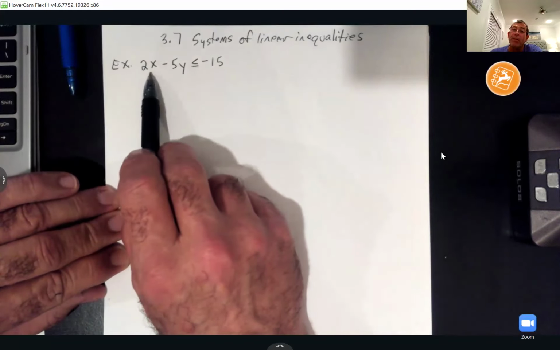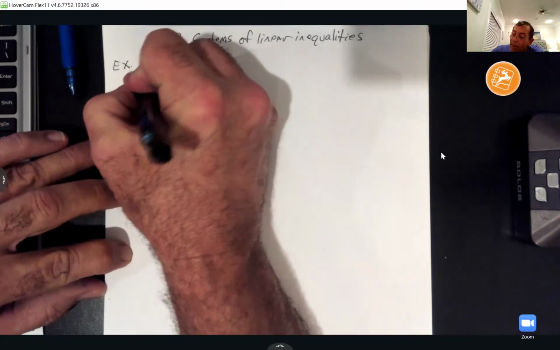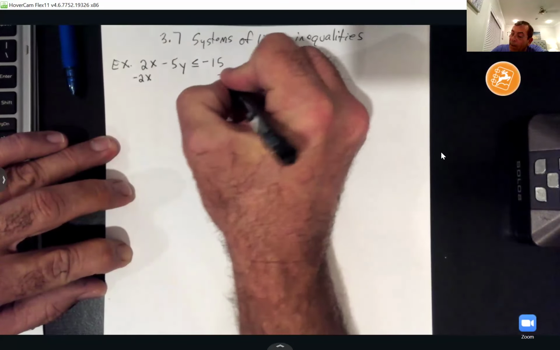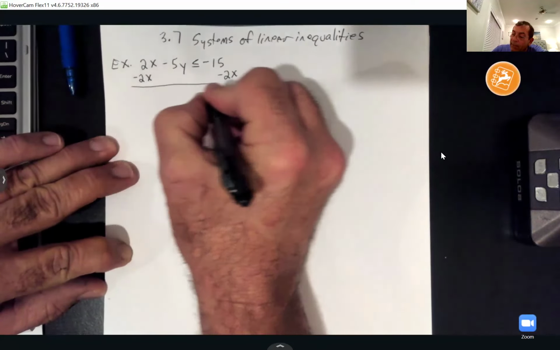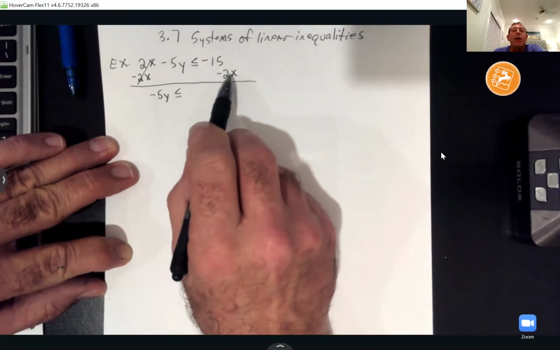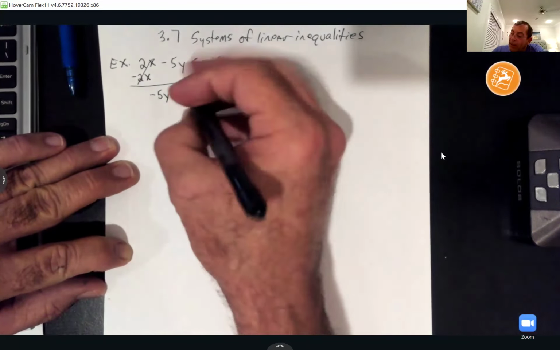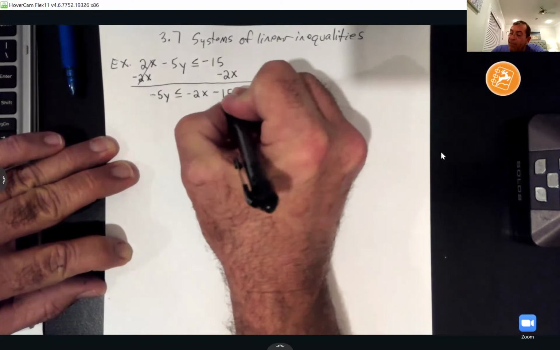So we need to move this positive 2x over by subtracting. So y'all, these x's cancel. My negative 5y comes down, less than or equal. And y'all, I'm just going to put my x's first again. So I got a negative 2x minus 15.